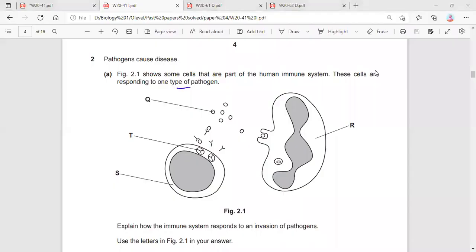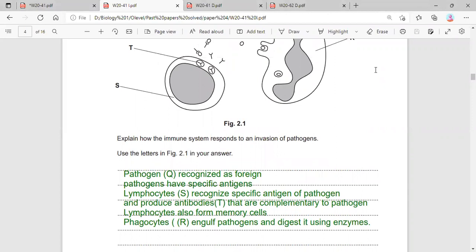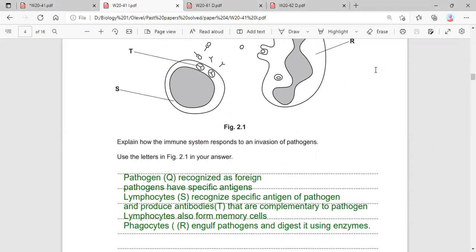In this question, you will describe the whole part of the immunity. How does it work? And please use the letters. So what am I going to say? Number 1, pathogen, which is Q, is recognized as foreign. These pathogens have specific antigens.